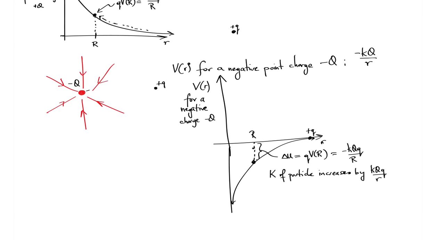Okay, so now I want to just talk very briefly about the relationship between the electric field and the voltage, how to get the electric field from the voltage, and also how to get the voltage for arrangements of charges.